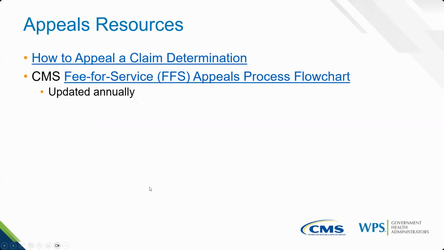Here are some resources that I've included for you. The first one is a WPS GHA resource on our website, How to Appeal a Claim Determination. Very helpful. And then I've included one of my personal favorites, a resource for appeals, and that's a CMS product.